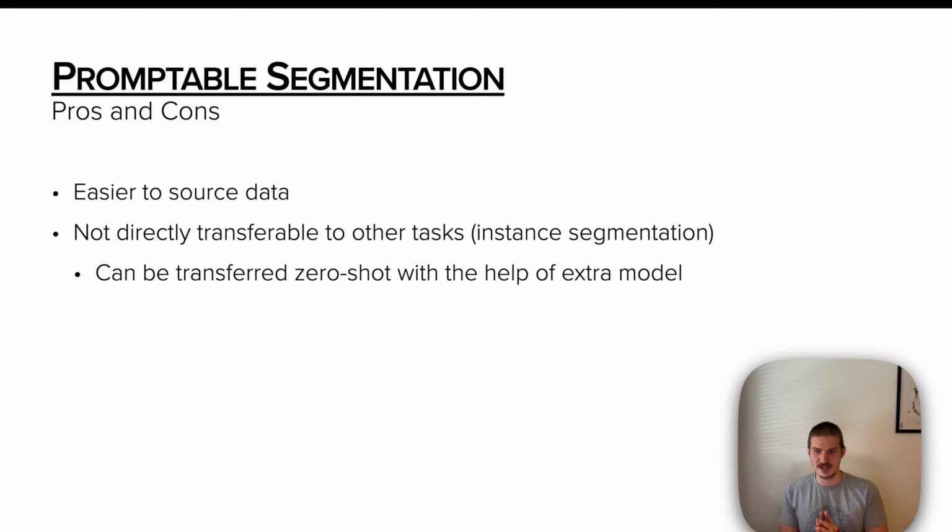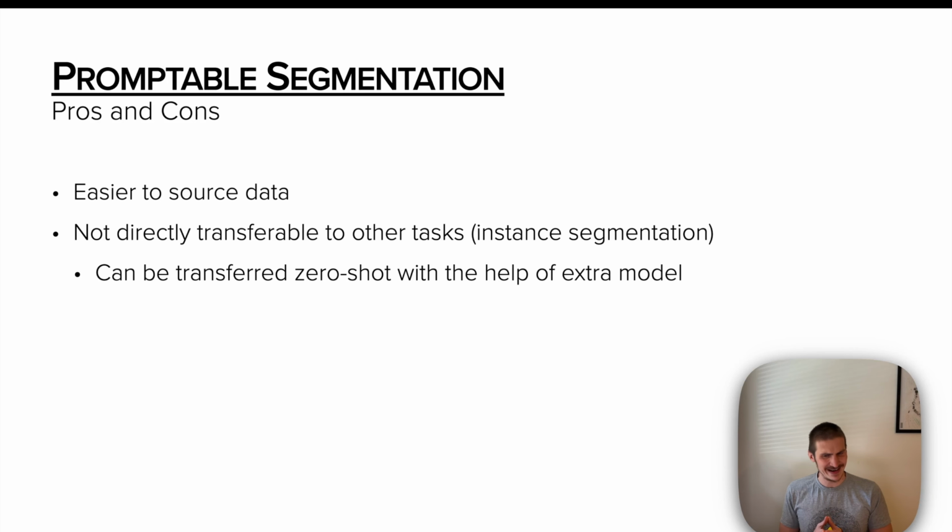So to reiterate, promptable segmentation is used here because it's easier to source data, it's easier to create a dataset with a lot of diverse labels, and diverse in terms of classes, so they are not limited to a specific set of classes that we have defined. It is diverse in the sense of the actual number of images we have there.